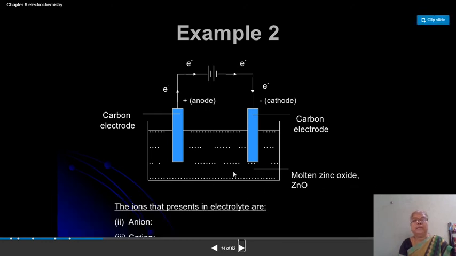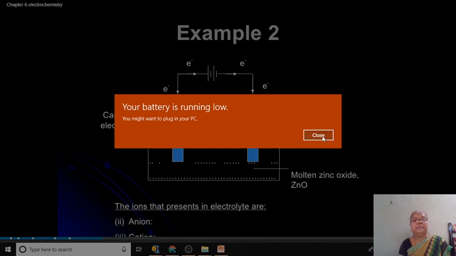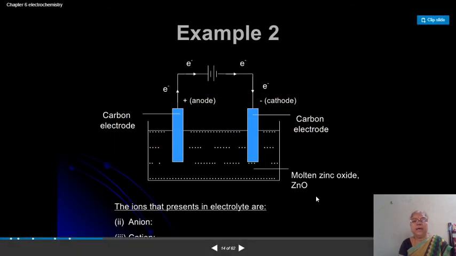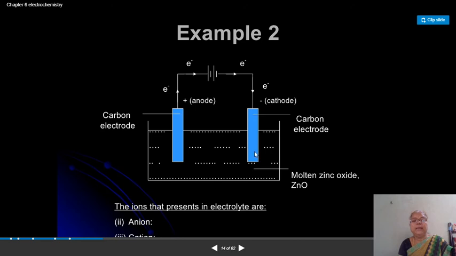In our solution we have Zn2+ ions and O2- ions. The Zn2+ ions migrate towards the cathode, and the oxide ions migrate towards the anode, the positive electrode.